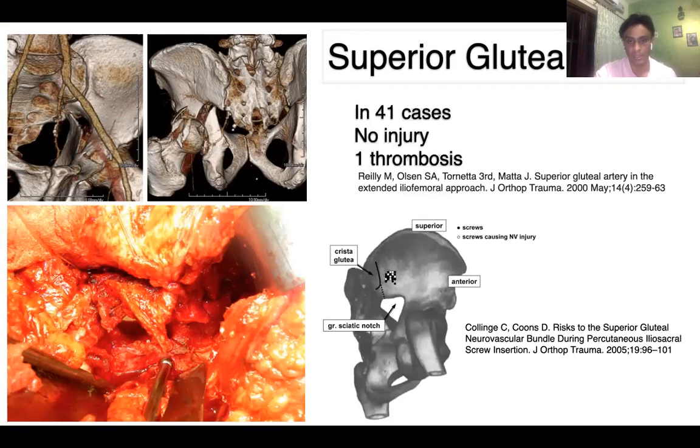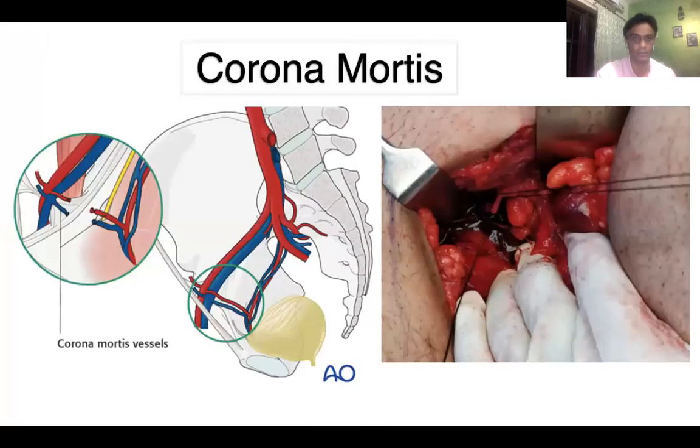Another possibility is when you put percutaneous iliosacral screws. Corey Collins reported around 18% incidence of superior gluteal artery injury based on a cadaver study. And he also said that most of those injuries we don't know about because there is good tamponade, since the technique is percutaneous and most of the time the screws themselves provide reasonably good tamponade.